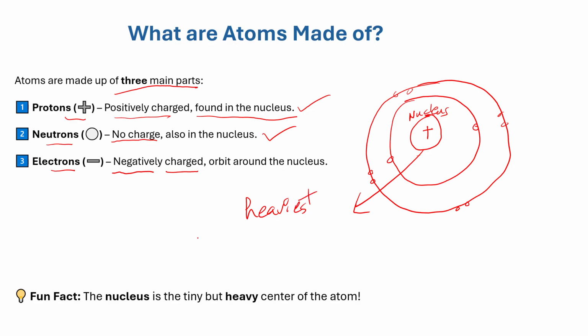It is because the nucleus holds not just the protons, it also holds the neutrons. So adding the mass of both of these particles, the nucleus will always have a higher weight compared to the total weight of the electrons. You can say it's the heavy center of the atom.